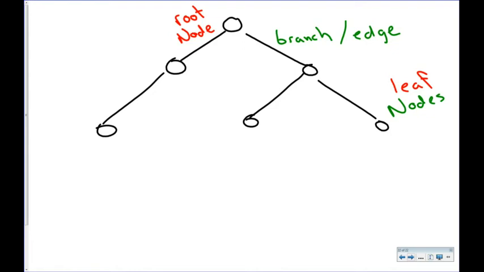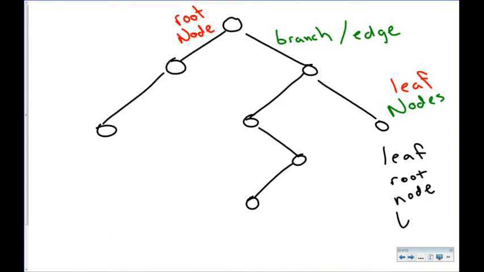The tree starts here, it branches out, eventually reaching a leaf node, okay? Now similarly, I can have more branching occurring in different places, okay? And it could branch out from there, but that's some of the terminology we want to use. So that we're going to have these words leaf, root, node, of course, branch.